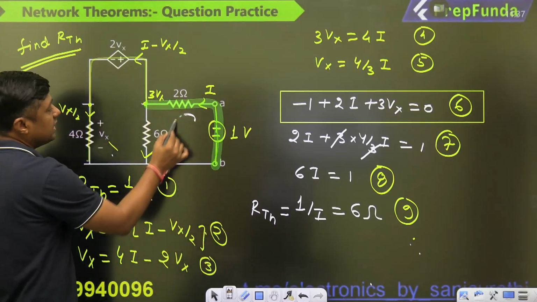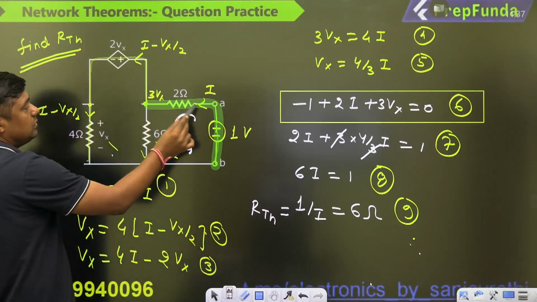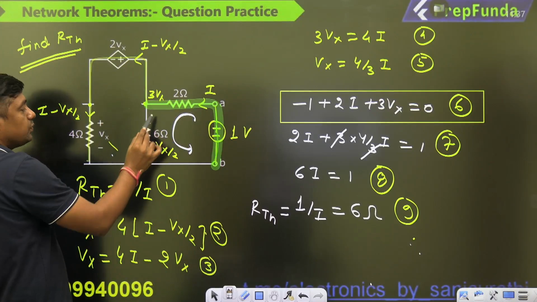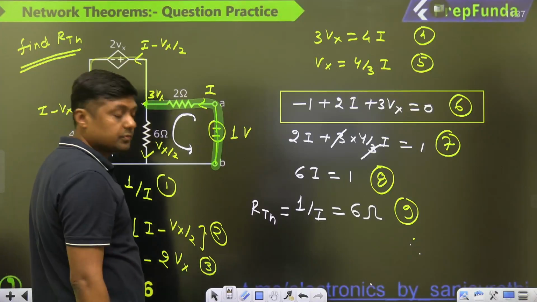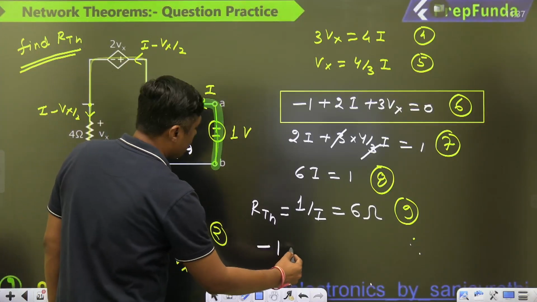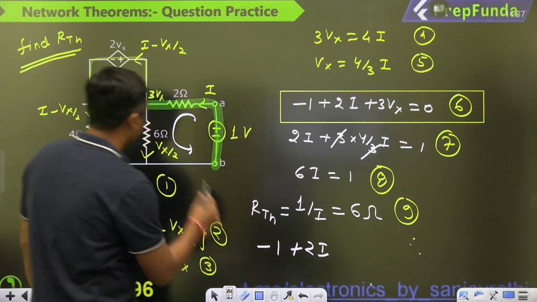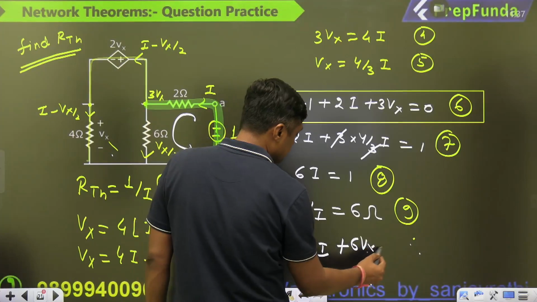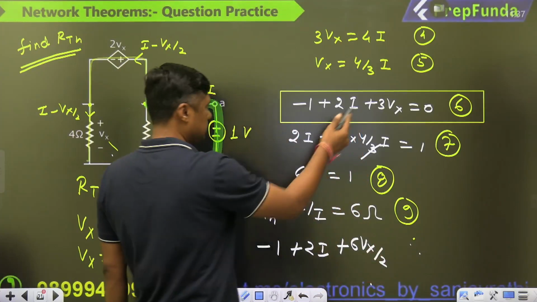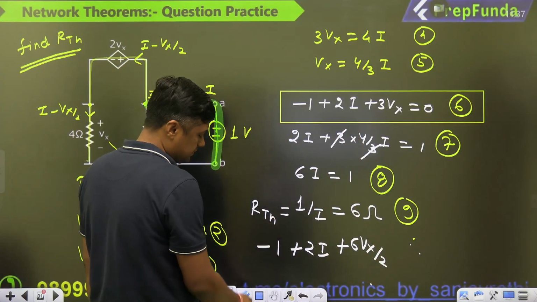You can also write a KVL in this loop: -1 plus 2i plus 6 times of Vx by 2. Again you will get the same equation number 6, yes?